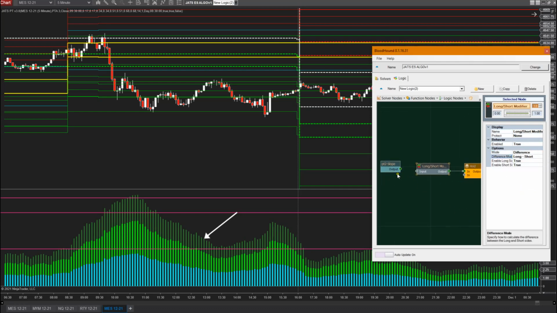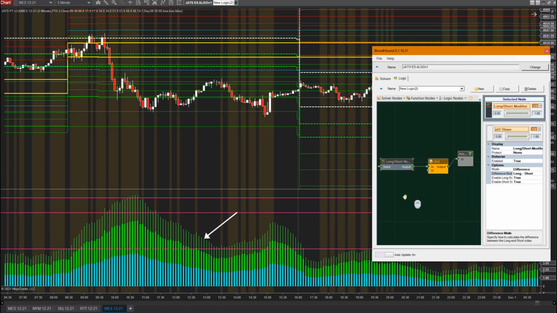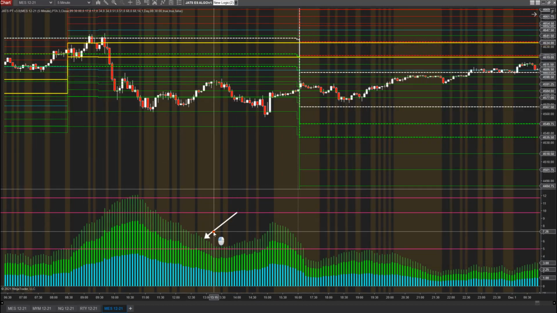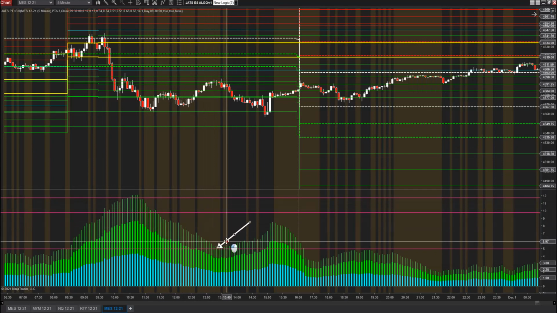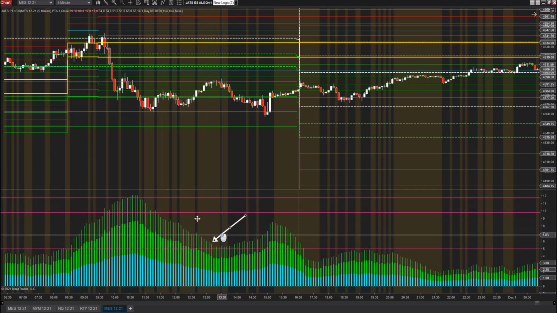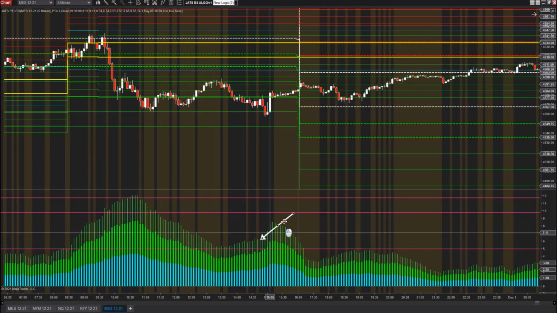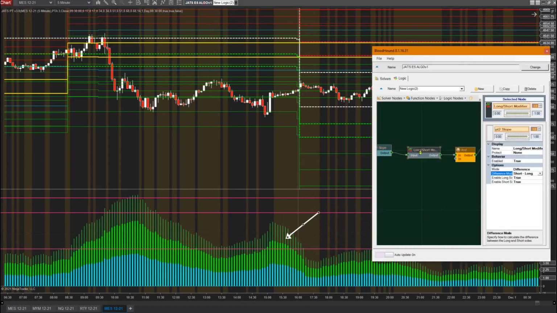Put a long condition, and likewise you can change it to a short. So here we're just getting the threshold short. If you're just getting the threshold short, you don't want to take shorts.